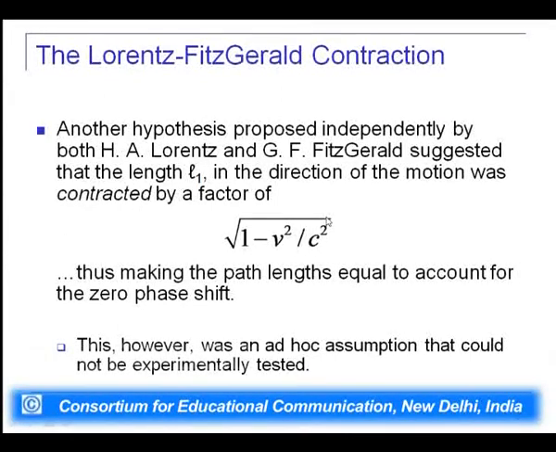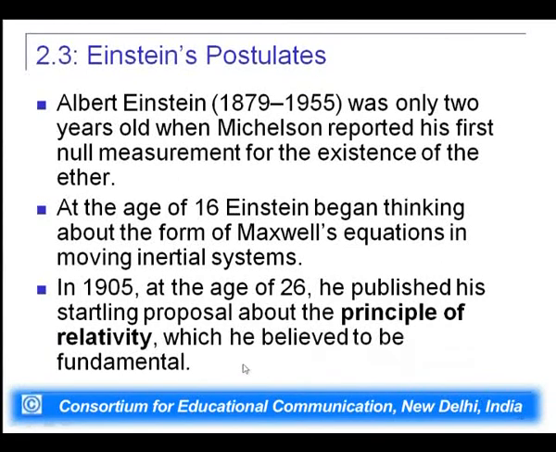The length changes by the factor root of 1 minus v²/c², thus making the path lengths equal to account for the zero phase difference. This, however, was an ad hoc assumption that could not be experimentally tested. It means length is not contracted if you consider the two frames of reference.